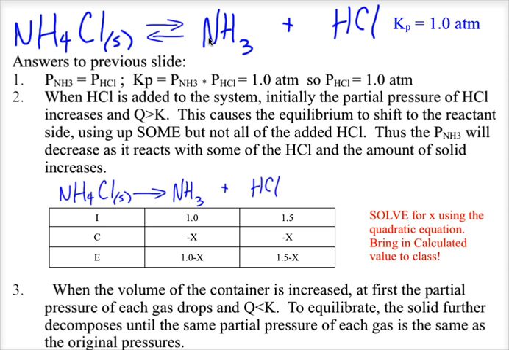But once the pressure returns to the original equilibrium partial pressure, the system has now reestablished equilibrium. So actually, in this case, the pressure of ammonia and HCl remains the same. Sort of reminds me of vapor pressure calculations in a way, if you think about it.